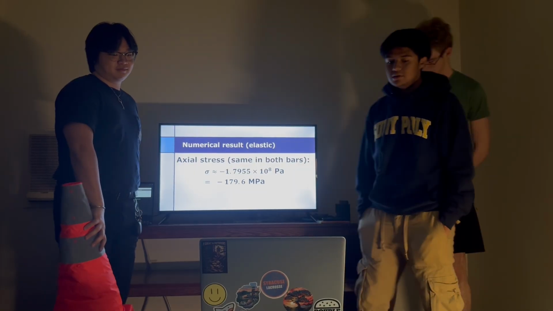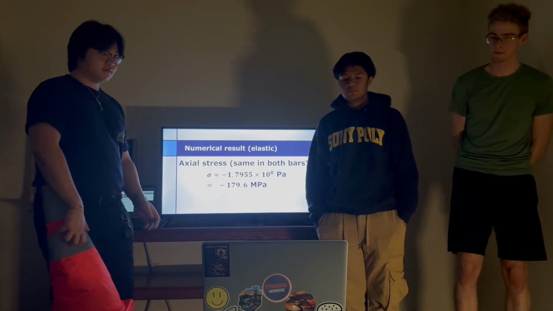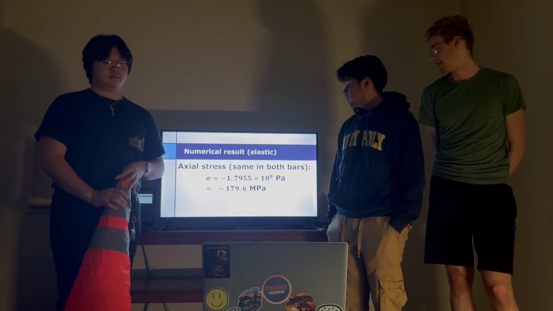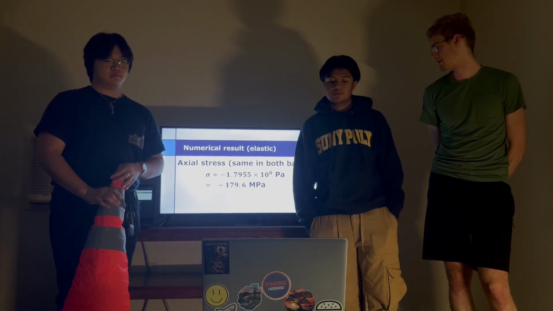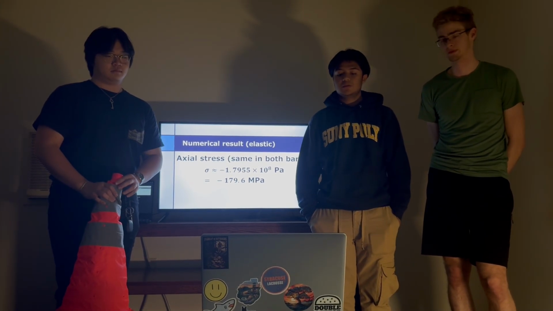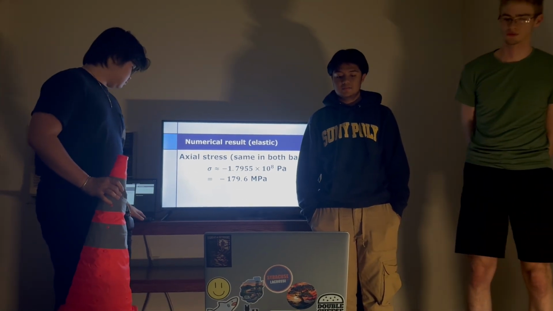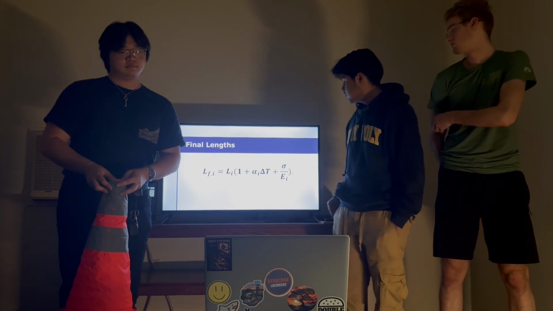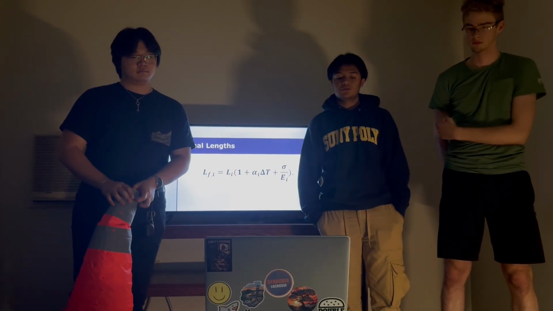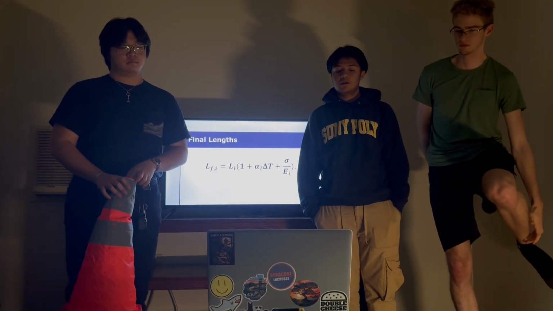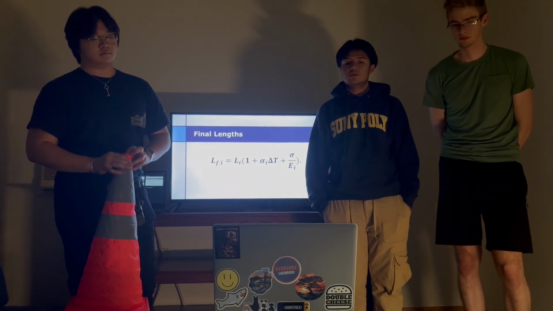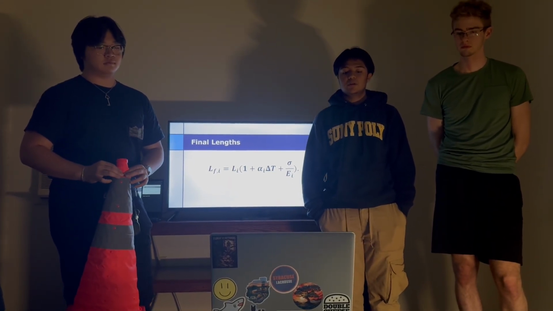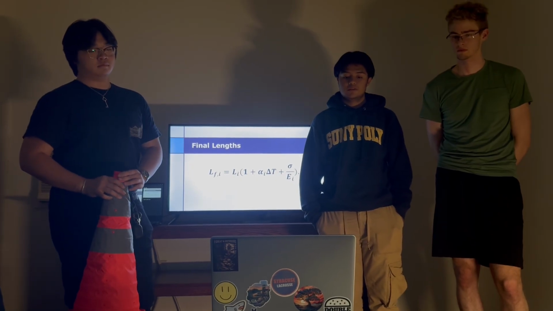And now we'll look into the numerical results. What we get is negative 179.6 megapascals. So both bars experience the same compressive stress. For the final lengths, we compute using this formula. Our results show that the iron bar is 1.000302 meters, and it increased by 0.302 millimeters.